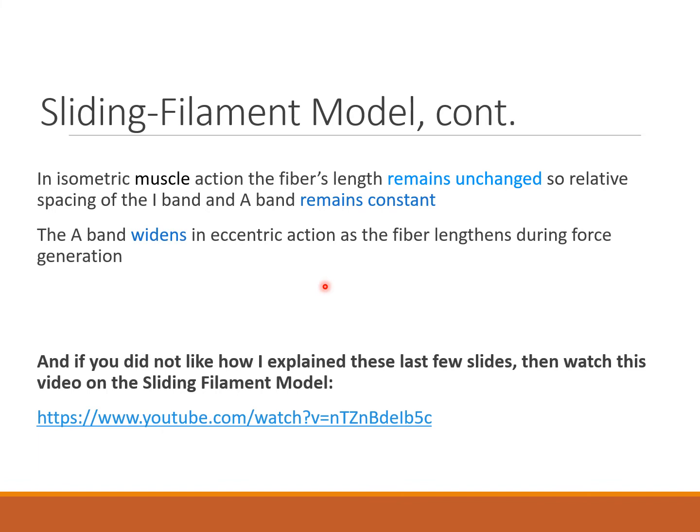You're not raising that box up towards your face, you're keeping that box there. So in this example, the muscle fiber length stays the same and the I band doesn't change. You're still getting this attachment of the myosin to the actin without it actually pulling those Z lines together.